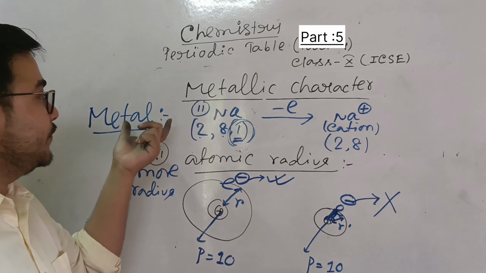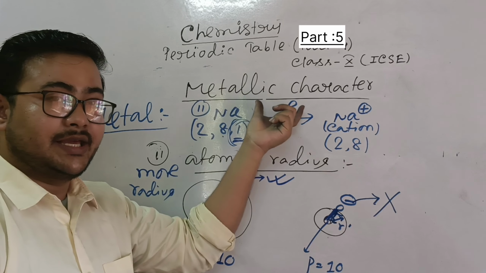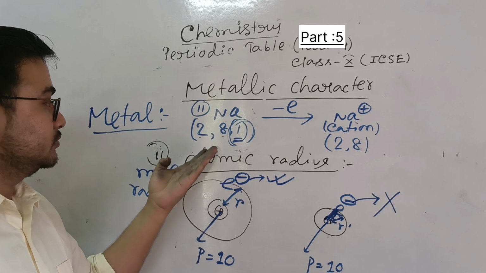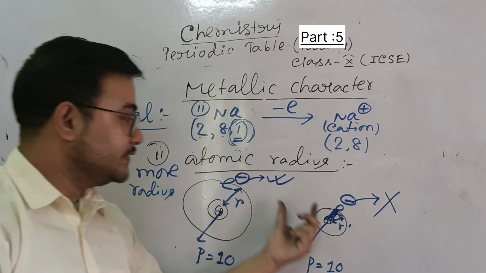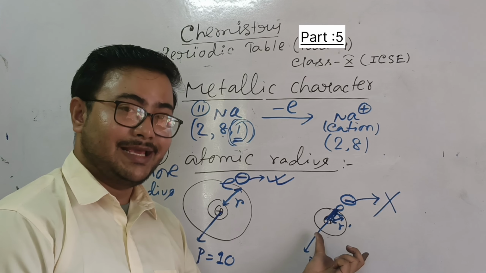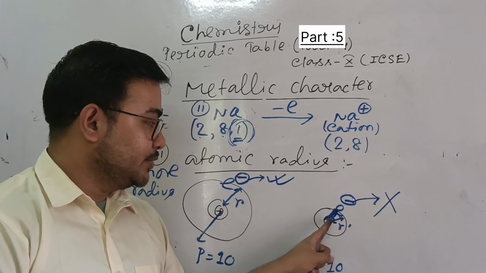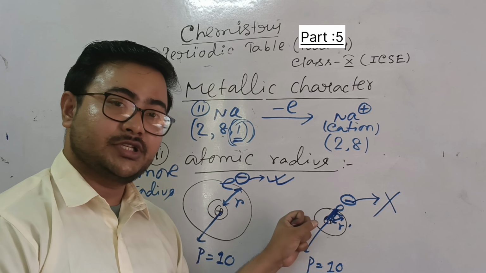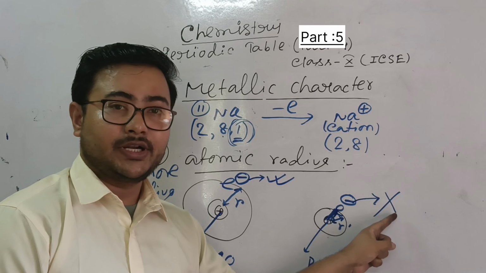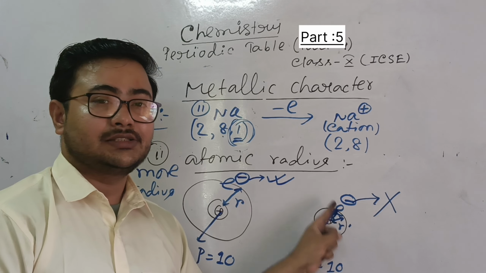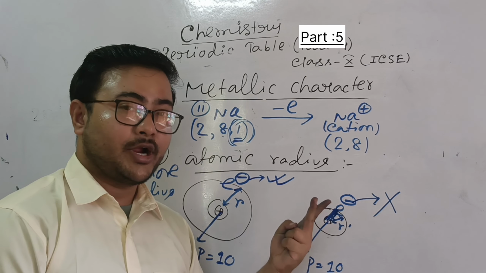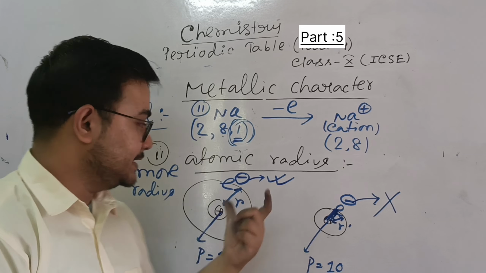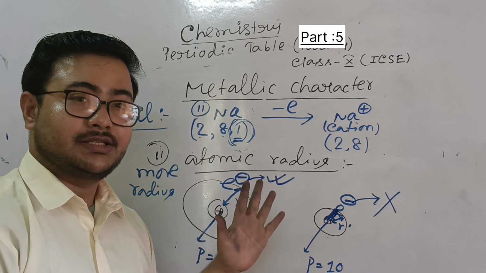Removal of electron is related to metallic character, so more radius means more metallic character. If the radius of the atom is less, then the nucleus attracts the outermost electron with strong nuclear force, so we cannot easily remove an electron, and it has less metallic character. So two points: first, the previous one is nuclear charge, and this is atomic radius. Done? Okay.